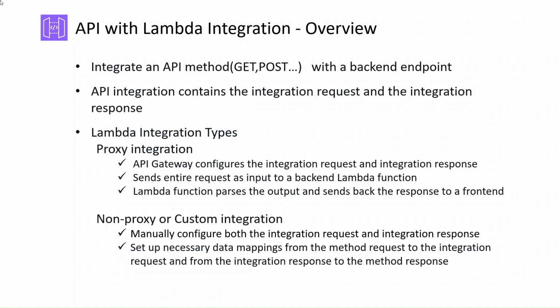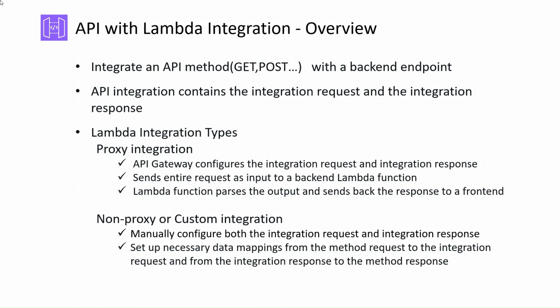In Lambda-proxy integration, the API Gateway forwards the entire request to the backend service, and the backend service processes the request and returns the response. In this type of integration, we need to only specify the integration type as the Lambda function, and the API Gateway configures the integration request and integration response automatically, and we do not need to configure them manually.